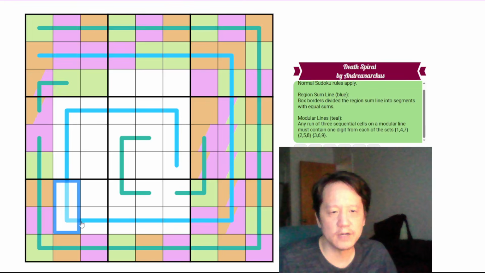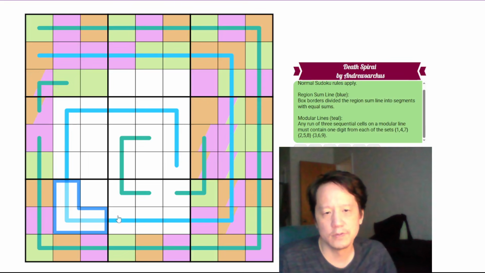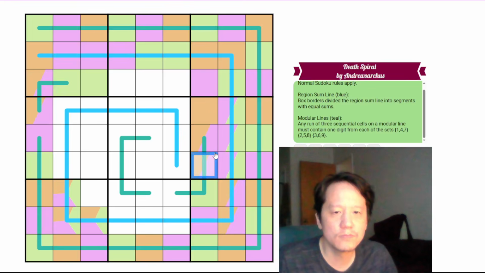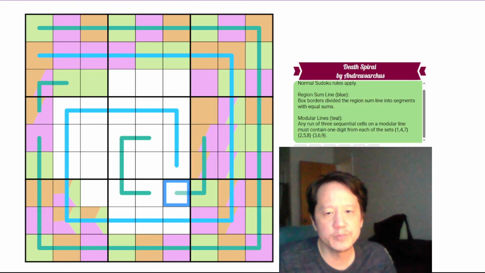This cannot have double pink or double orange, so it must be double green. We have double green and either orange or pink. This is pink or orange. We have double green here because it can't be double pink or double orange here.